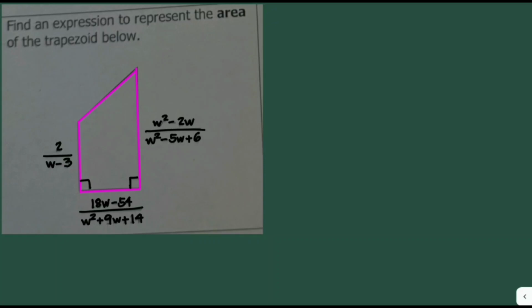Now to do that, we need to use the formula in finding the area of the trapezoid, which is just equal to 1/2 times the sum of the bases. Let's say the bases are a and b, so a plus b, then times the height. These are the bases, a and b, and this is our height.